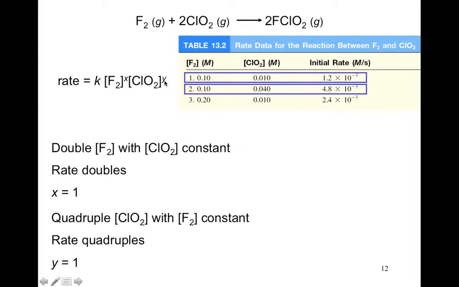It's raised to the first power. So it's kind of like saying our rate is dependent upon the concentration of fluorine, linearly, just directly, and the concentration of ClO2. And so now we can write our rate law, which is rate equals K times F2 times ClO2. And there's no squared or cubed or anything like that because they're all in the first power.